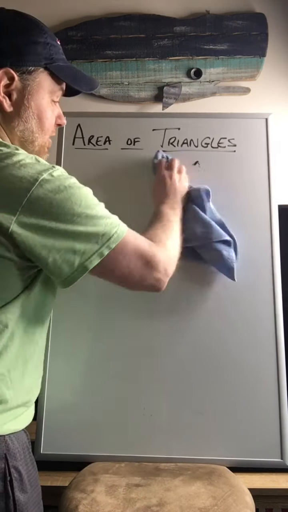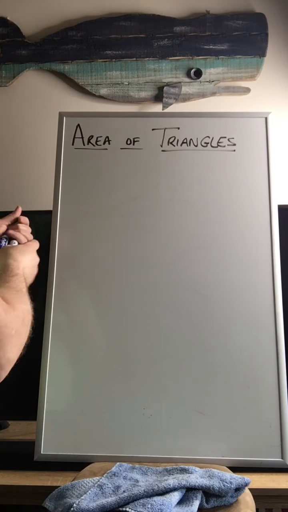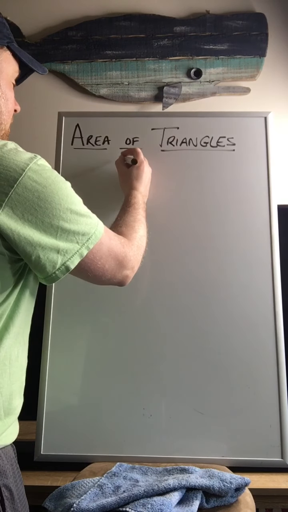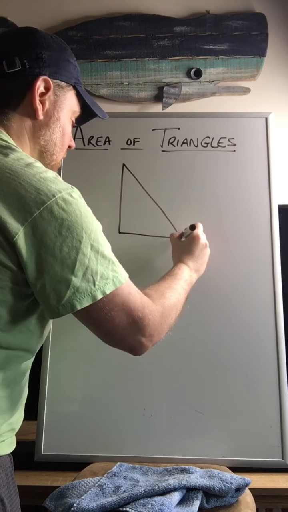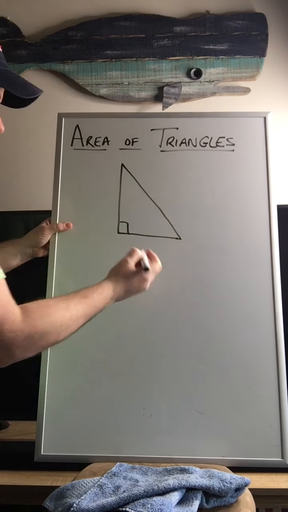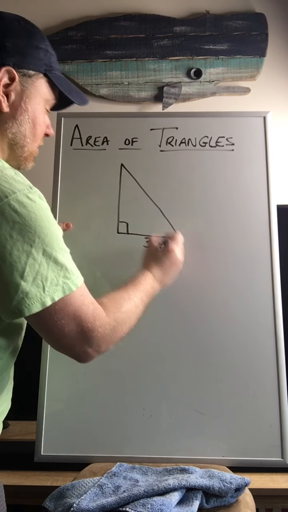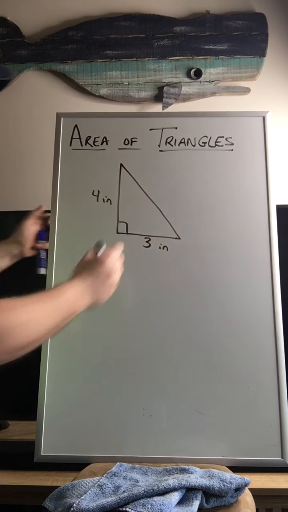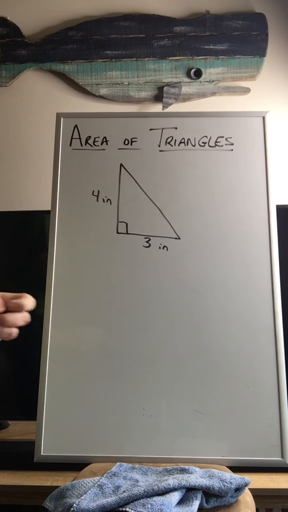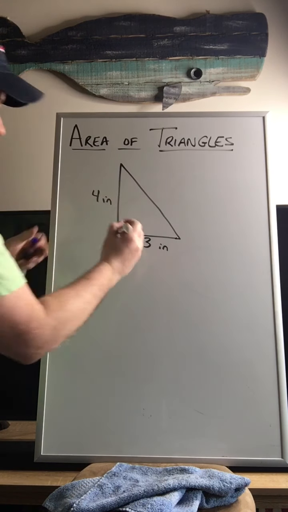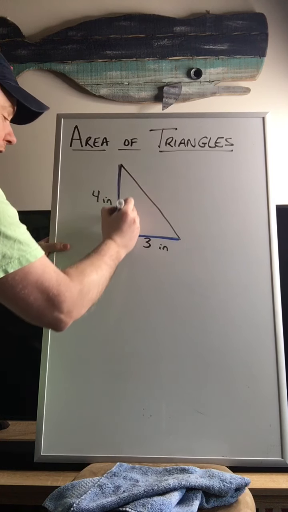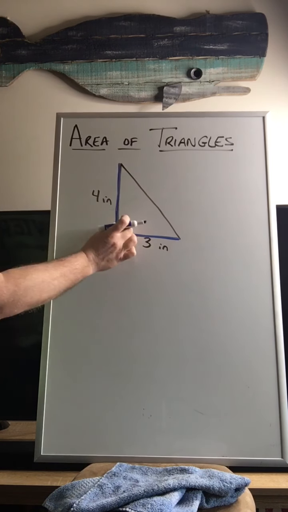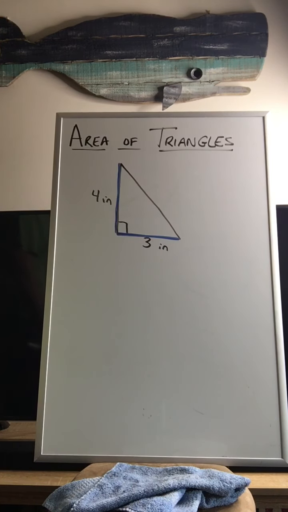A right triangle is an interesting case because in a right triangle, if you know the legs, for example, let's say this is 3 inches and this is 4 inches. If this is the base, we call this the base, then this leg is the height because it's straight up and down because of the right angle.